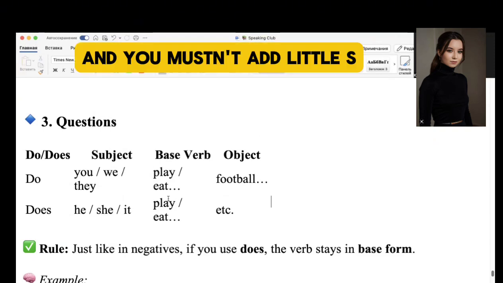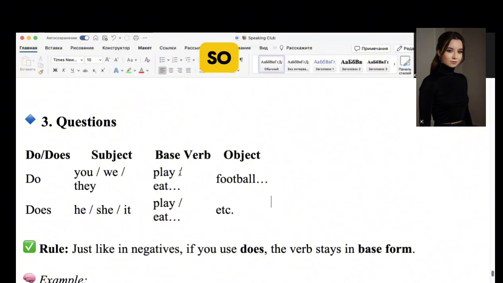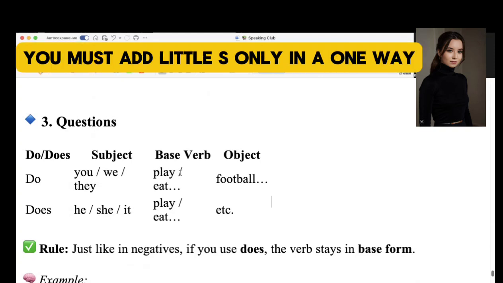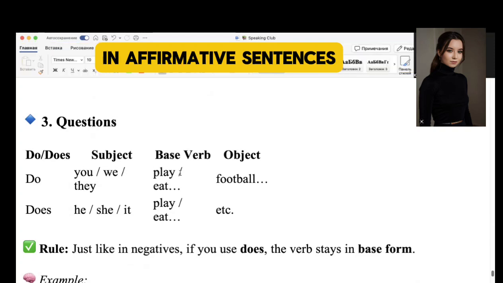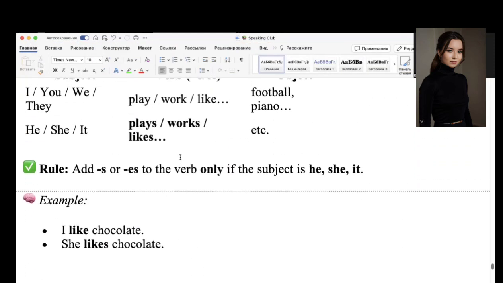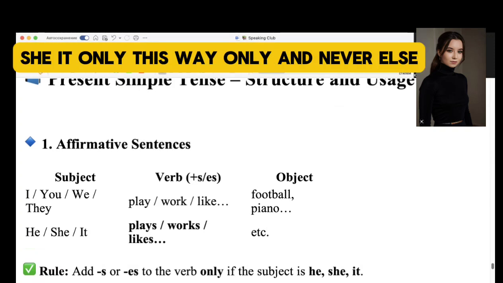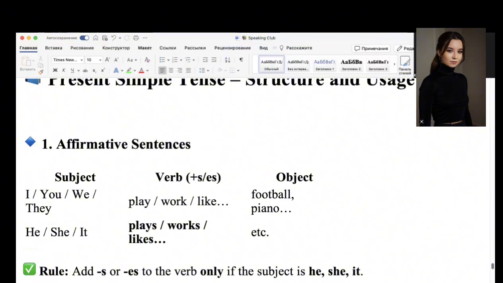And you mustn't add the letter S. So learn one thing: you must add the letter S in only one case, in affirmative sentences, when you have the subject he, she, it. Only this way, and never else.